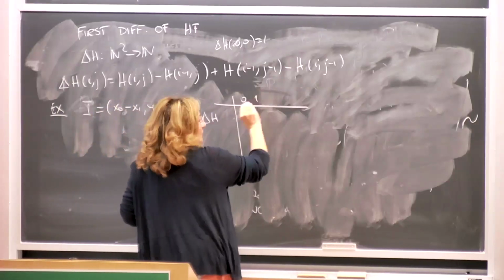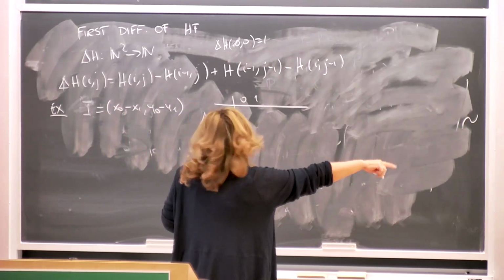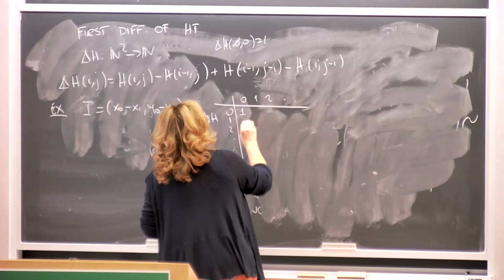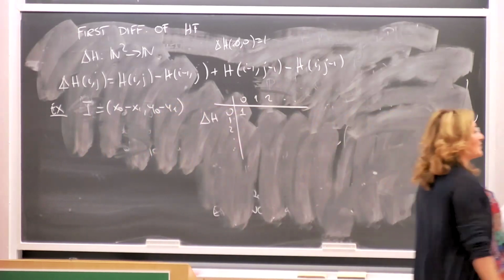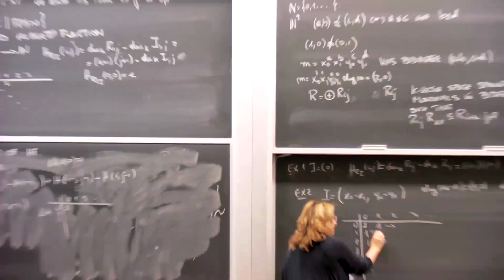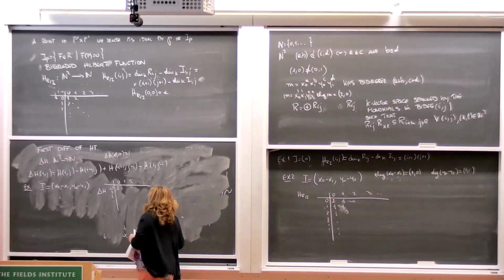So if we compute the first difference of the Hilbert function of this one, here we have 1, and then since the difference is always 0, you get that it's always 0.